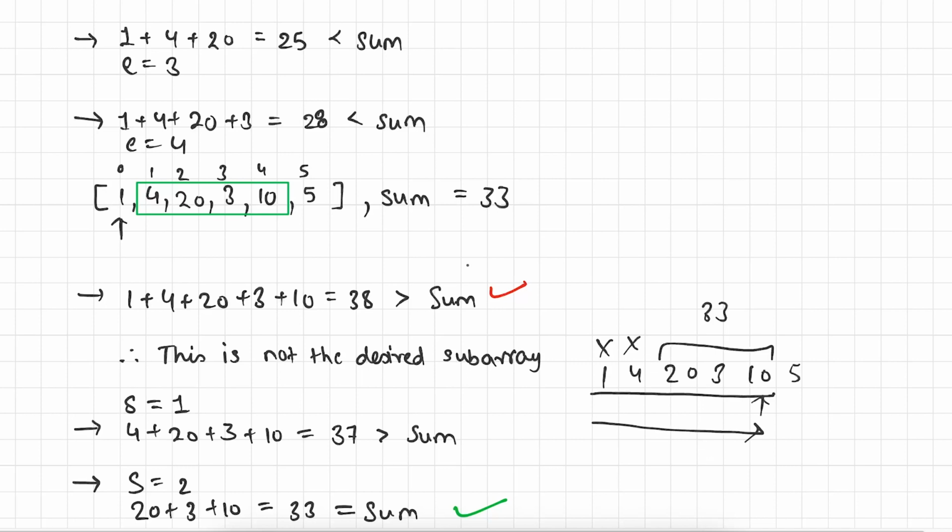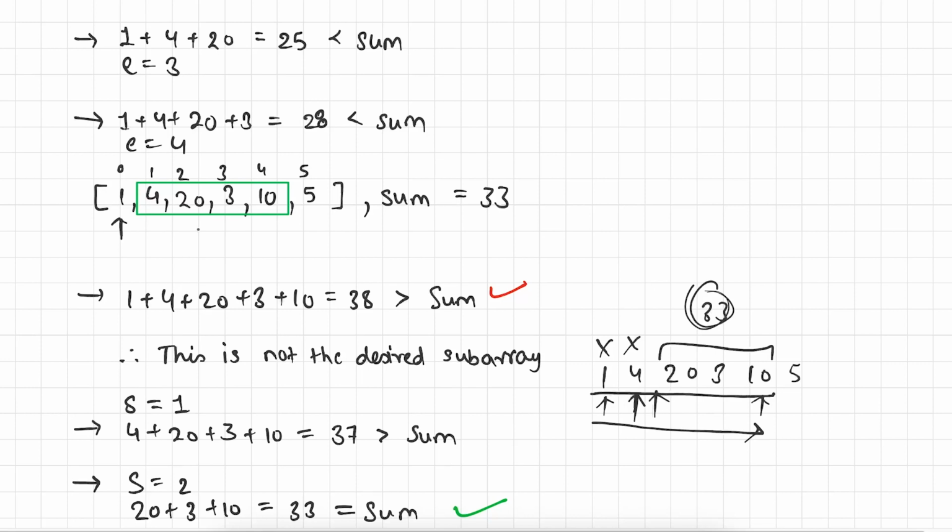And the sum that we are trying to find is the sum of a subarray. So this means there is no subarray beginning with 1 that gives a sum equal to 33, and also no subarray that begins with 4 that gives a sum equal to 33, right? This is the conclusion. This means there is some subarray beyond the 4, correct?